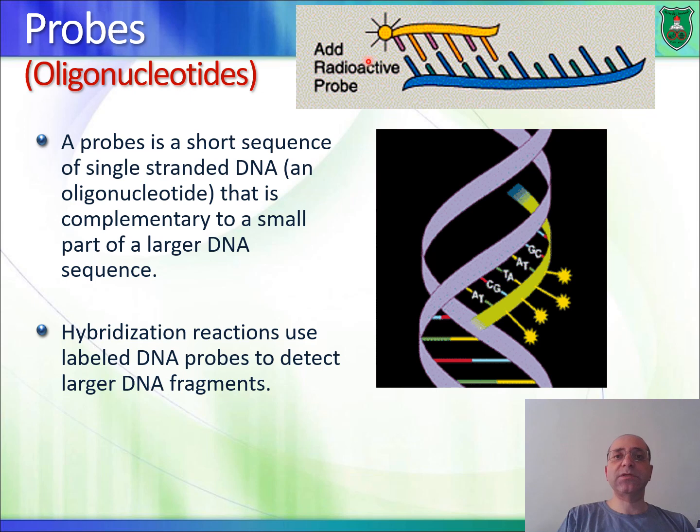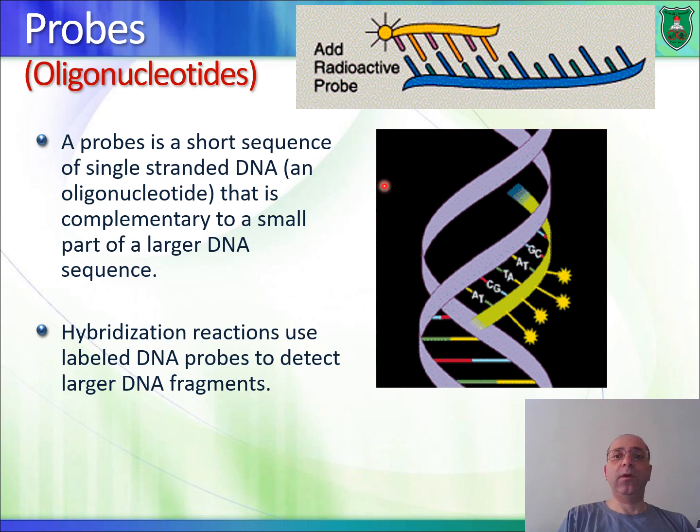And we use this probe to search for a DNA sequence that is complementary to the probe. Okay, so we use this probe, this short nucleic acid, to search for the possibility of an existing region in a long DNA that is complementary to the probe itself.